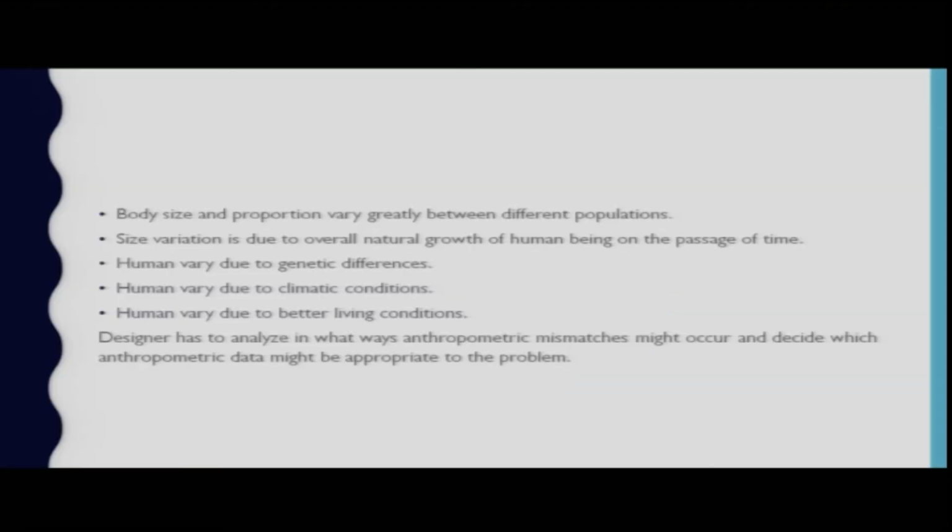The designer has to analyze in what ways anthropometric mismatches might occur and decide which anthropometric data might be appropriate to the problem. Now we will try to learn what the anthropometry world is all about, and what those anthropometric mismatches and anthropometric data that we talked about in the previous sentence are.